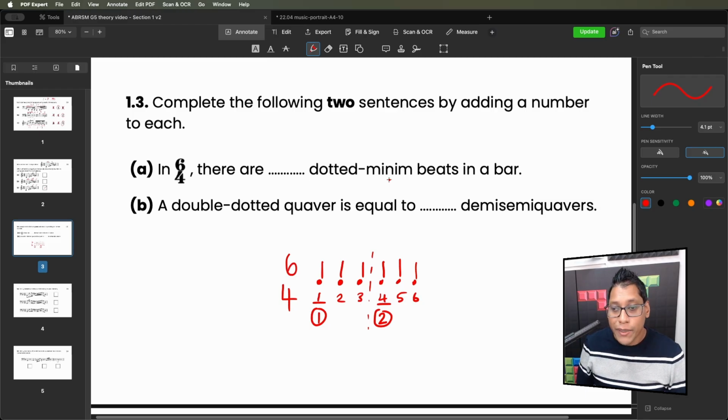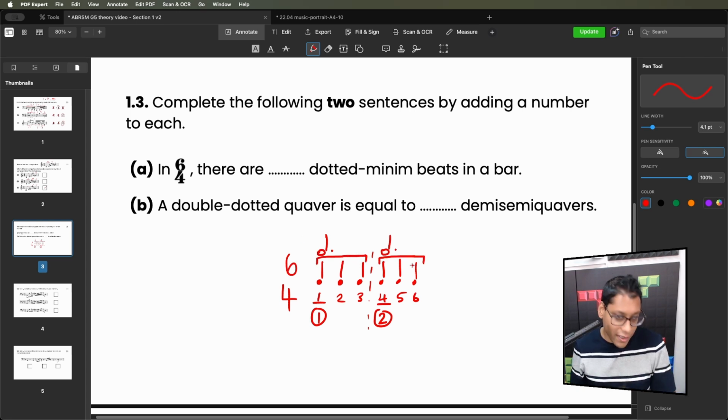And each of these beats is actually indicated by a dotted minim, because 3 crotchets equals 1 dotted minim. So this is why the question is asking you, how many dotted minim beats are there in a bar? Another way to express this question is they're asking you how many groups of 3 are there in this time signature.